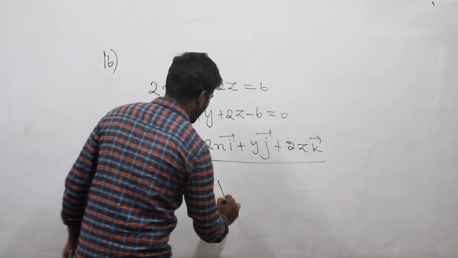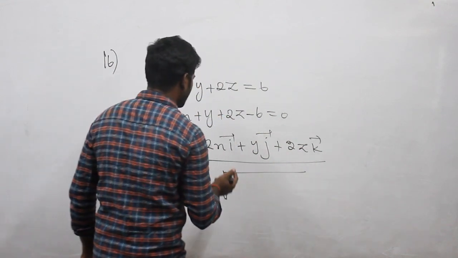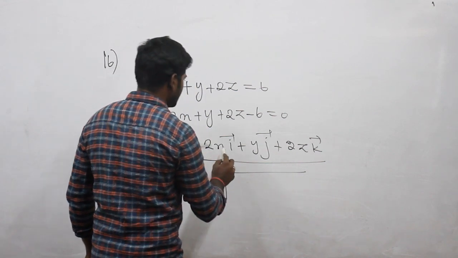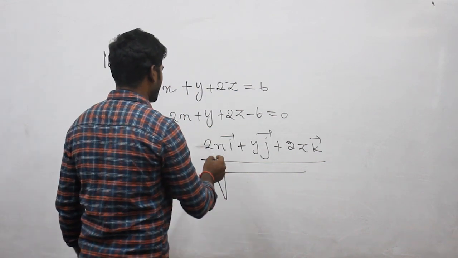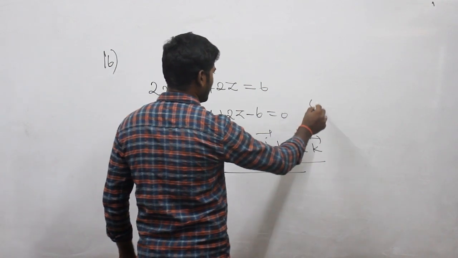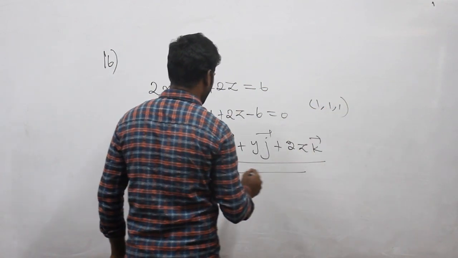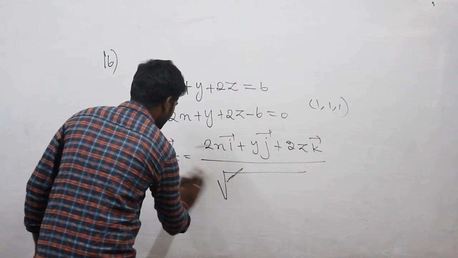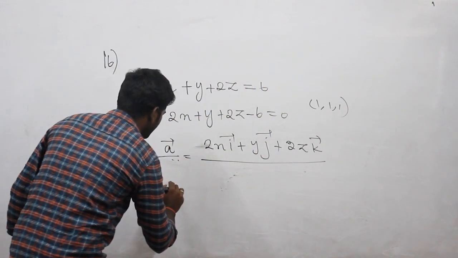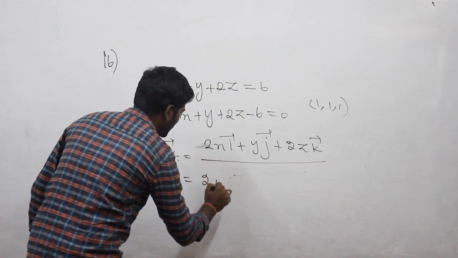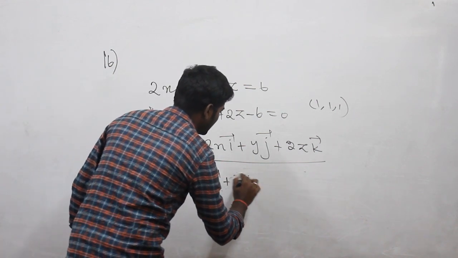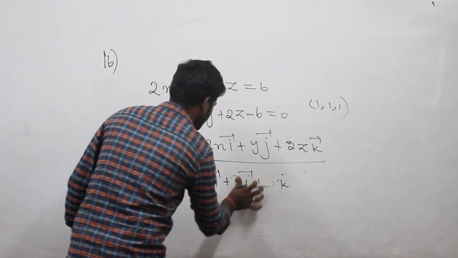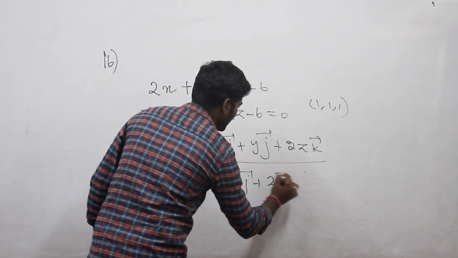So if you take the modulus, what comes? They call it the unit normal vector. So x, y, z value is equal to 1, 1, 1. So if you substitute, it is just a vector, right? So the a vector, unit normal, is 2i vector plus j vector plus 2k vector, right?